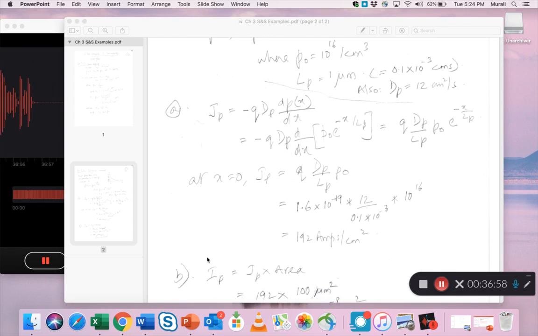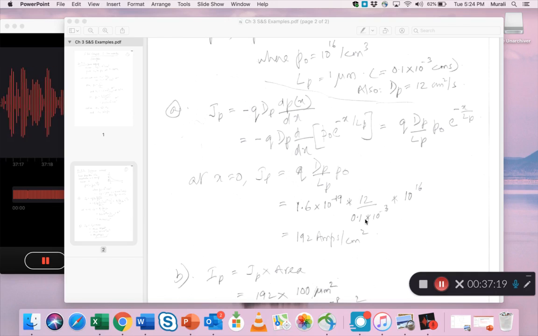Now if you substitute x equals 0 in this formula, you get the value exactly at the entry point, at the top of the exponential curve. That becomes 1.6 times 10 to the power minus 19 times Dp, which is 12, given here. We also saw it in that other chart I showed you.